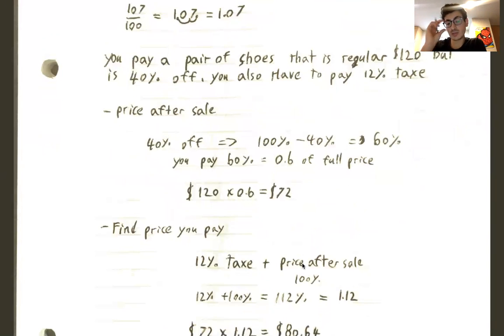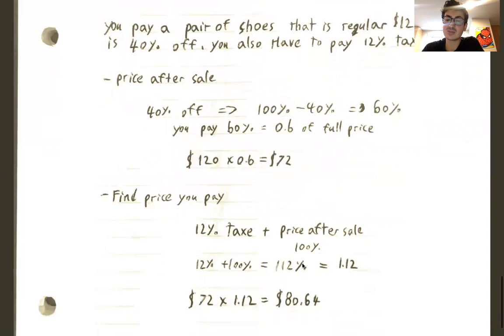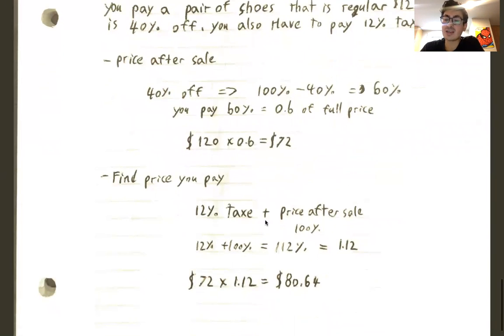Now, when we find the full price you pay after taxes, we're going to have the taxes plus the price after the sale we pay. So that's going to be 12% plus 100% of that sale price. So that 100% refers to the $72.